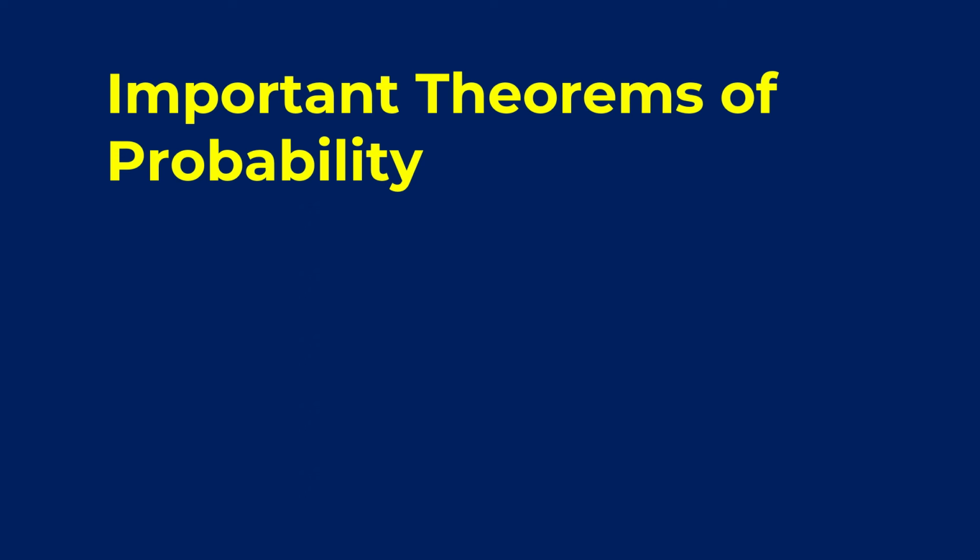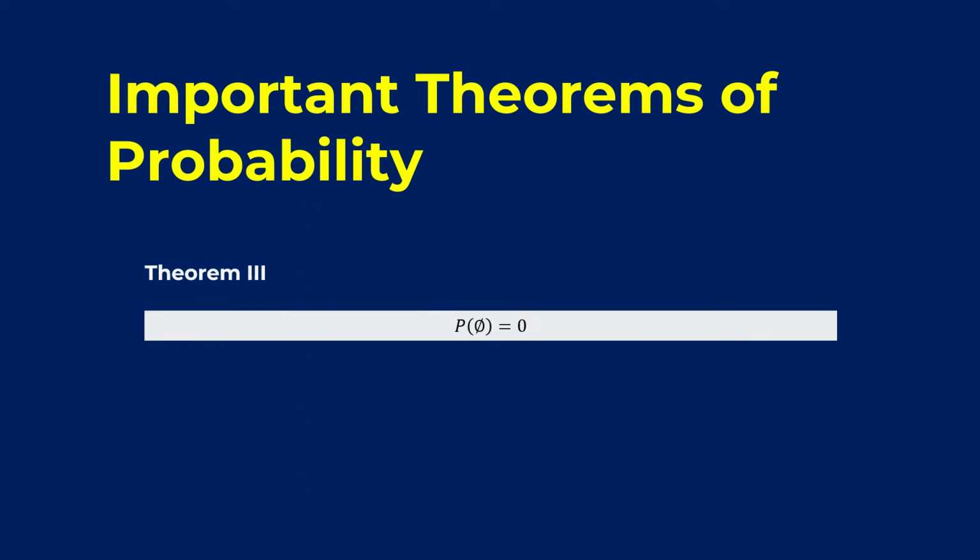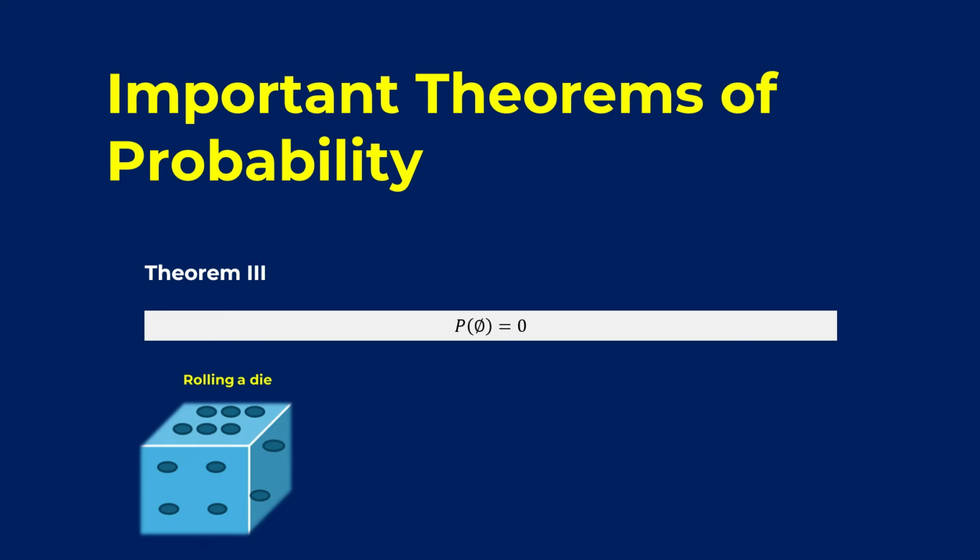Theorem 3 states that the probability of an impossible event is 0. Now let's say for the same example of rolling a die, we are interested in an event that contains elements which are both greater than 4 and smaller than 2. As you can see, this is an impossible event as it cannot occur and the set is empty.